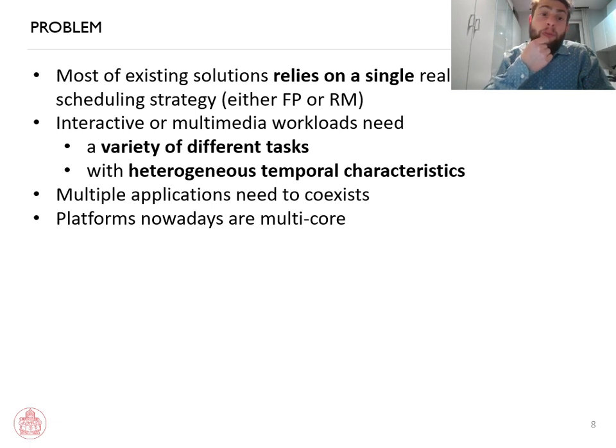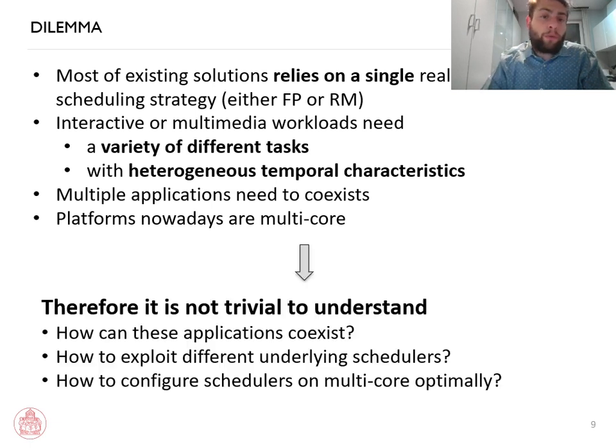Also, platforms nowadays are multi-core platforms, so it is all but trivial to understand how these applications can coexist in the same system to exploit the different underlying schedulers offered by the kernel, and also how to configure these schedulers to work in an optimal or suboptimal way on a multi-core platform.